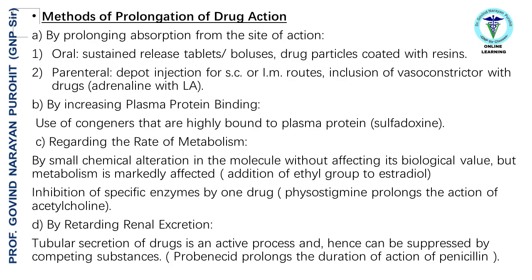B. By increasing plasma protein binding, use of congeners that are highly bound to plasma protein, sulfadoxine. C. Regarding the rate of metabolism, by small chemical alteration in the molecule without affecting its biological value, but metabolism is markedly affected, addition of ethyl group to estradiol; inhibition of specific enzymes by one drug, physostigmine prolongs the action of acetylcholine.